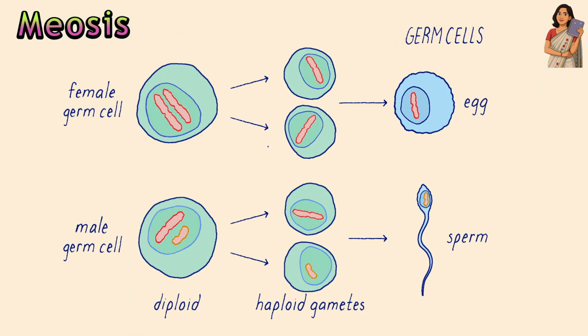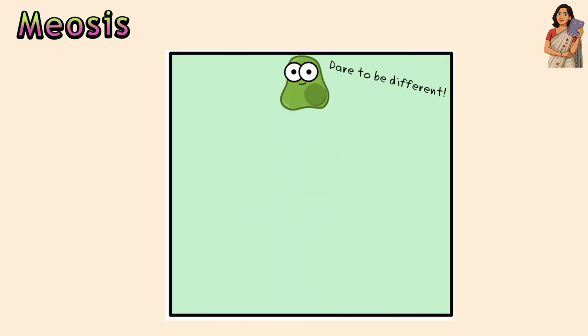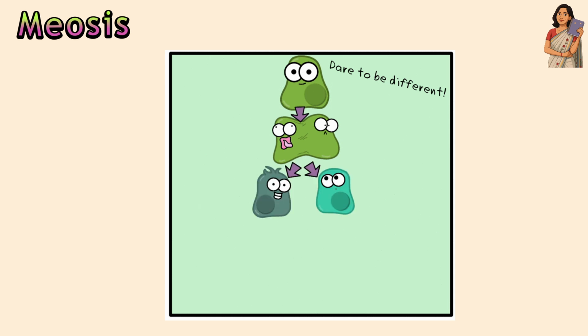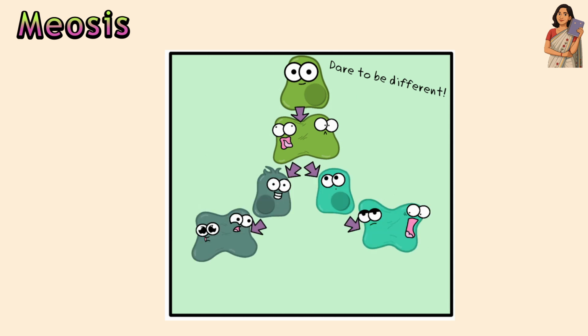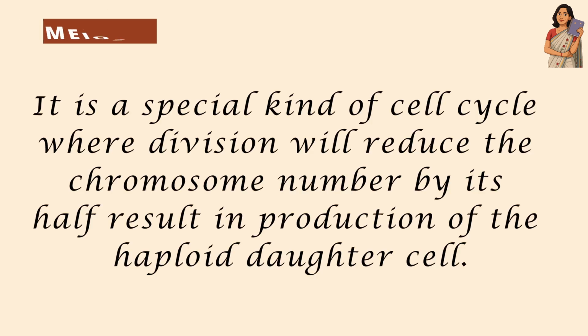Since the gametes are always produced from specialized diploid cells, it is necessary to have a specialized kind of cell division. That division is called meiotic cell division or meiosis. In this division, the number of chromosomes is reduced by half, which results in the production of haploid daughter cells.